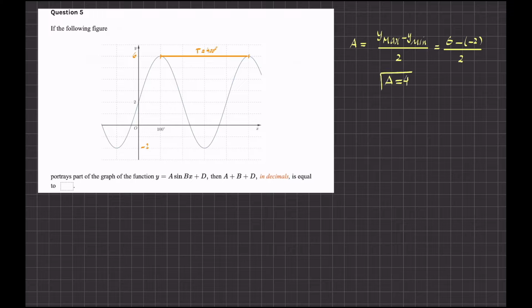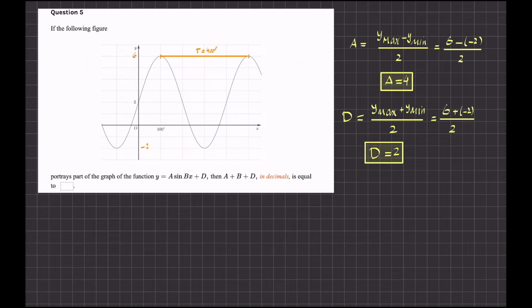So a is 4. And for d, we know that it is y max plus y min divided by 2, but y max is 6 plus minus 2 divided by 2, so 4 divided by 2, so d is simply 2.